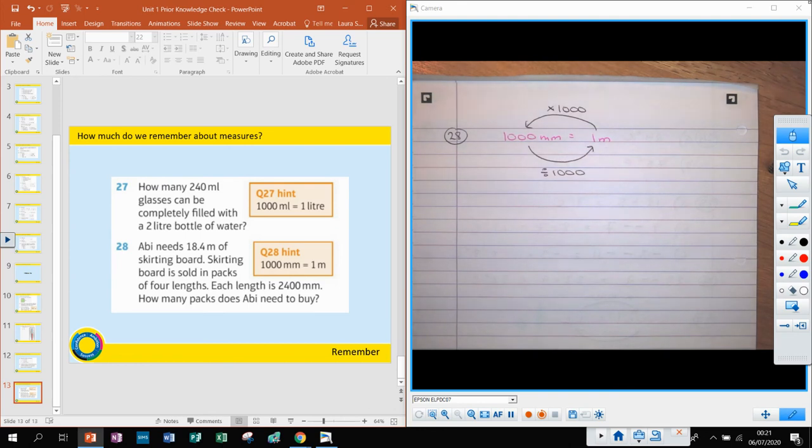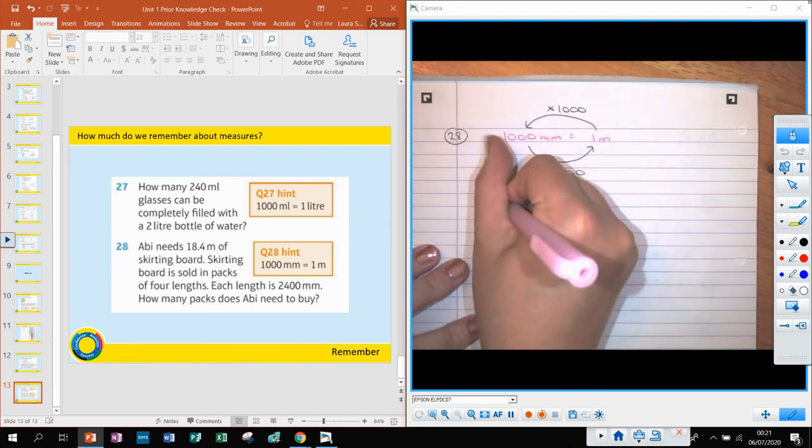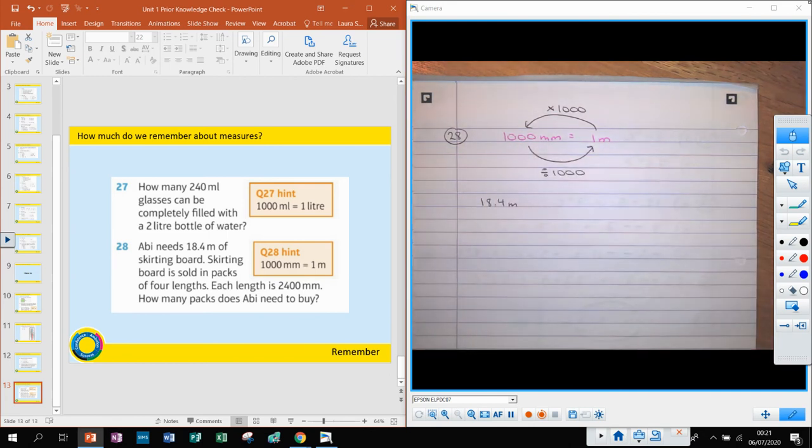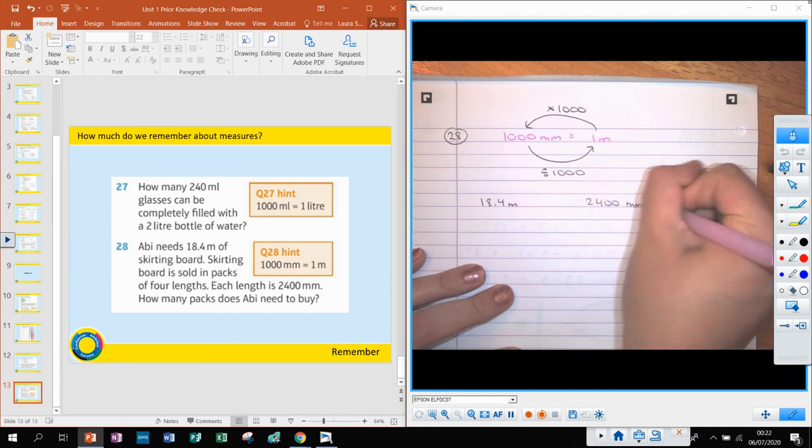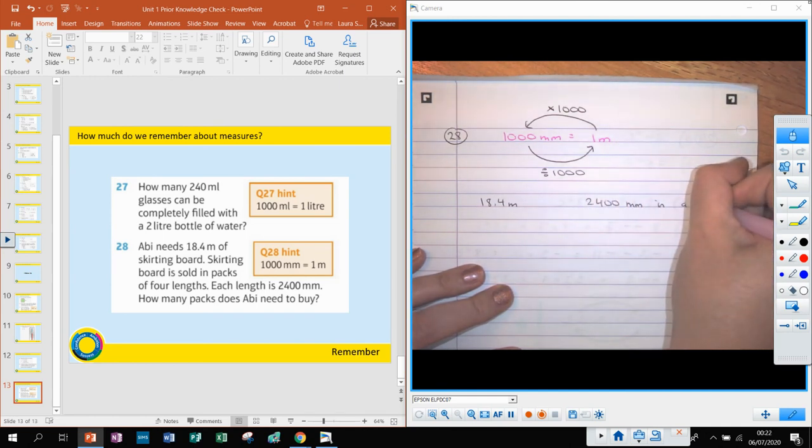Abby needs 18.4 meters of skirting board. So that's what she needs. Skirting board is sold in packs of 4 lengths. Each length is 2,400 millimeters. How many packs does Abby need to buy? So there's 2,400 millimeters in a pack.